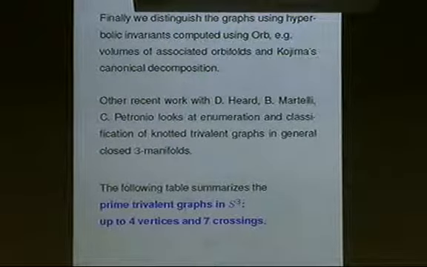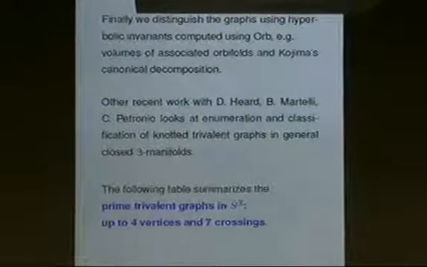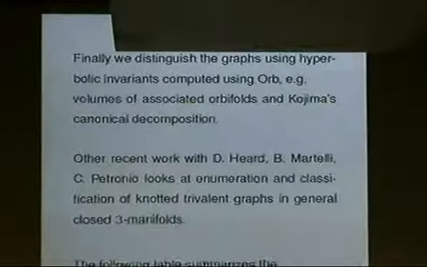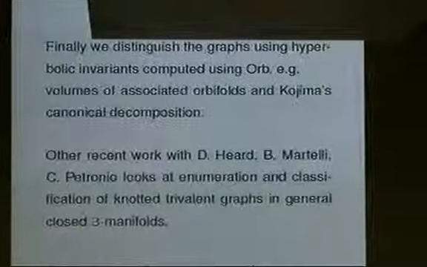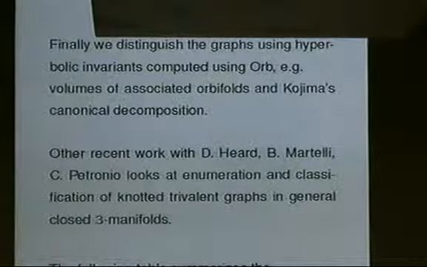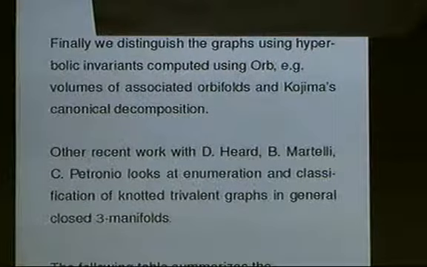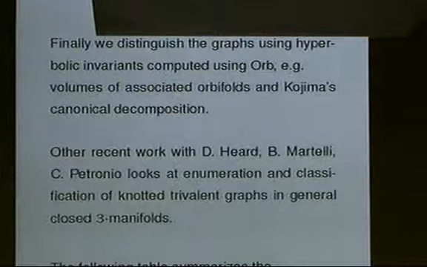But now we want to know whether these projections really correspond to the same graph or different graphs. And here we need some invariants. So this is where we use hyperbolic geometry, and we look at hyperbolic invariants computed using Orb. So I guess the two main things we looked at were volumes.